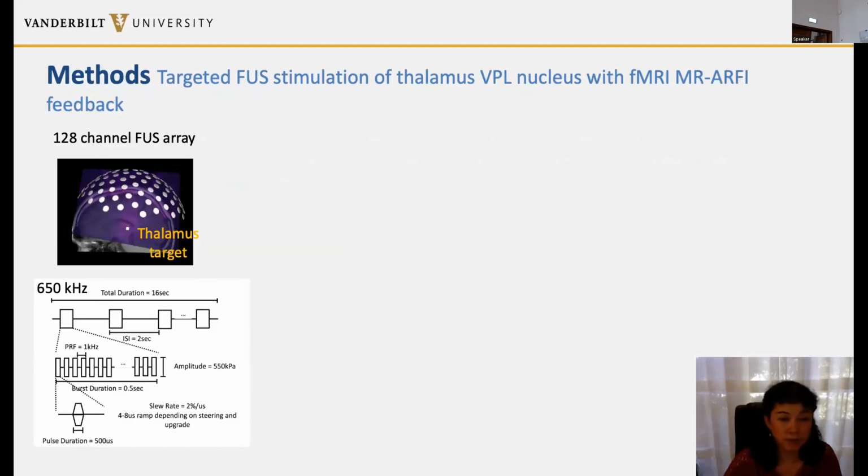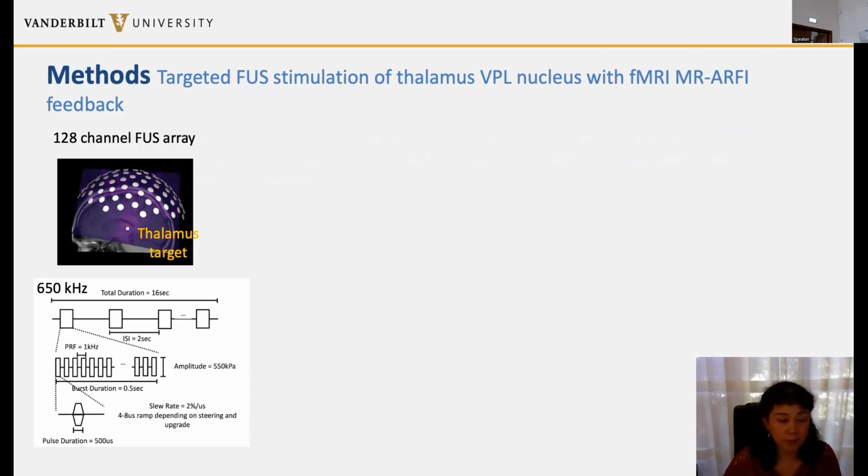This slide shows you the methodology details we used in our study. We used a 128-channel ultrasound array, and this array provides a very focal stimulation of the target. We adapted the ultrasound parameters from our previous studies looking at ultrasound modulation of the tactile system.